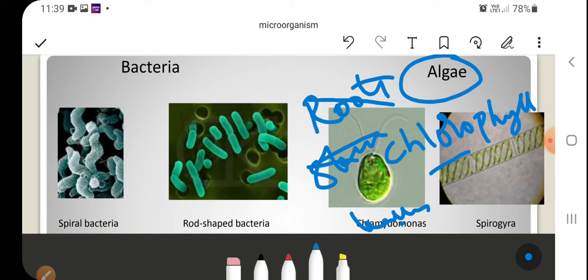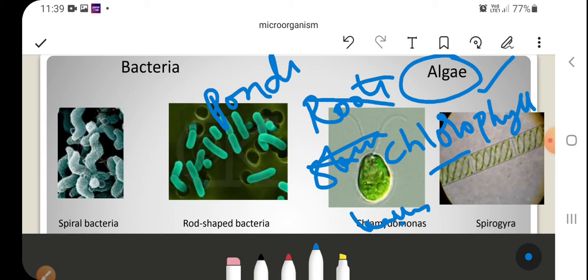The greenish patch of mass that is present on stagnant water or on moist walls is called algae. Most of these algae are pond water organisms, because a pond is a water resource where you will find stagnant water. So most of the algae are pond or lake water organisms. Very few are seawater organisms.